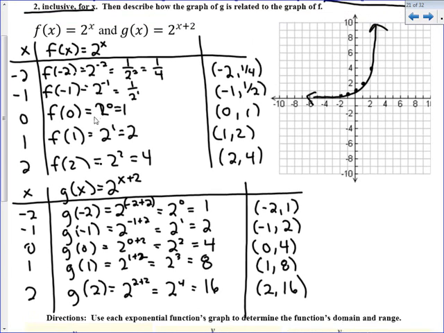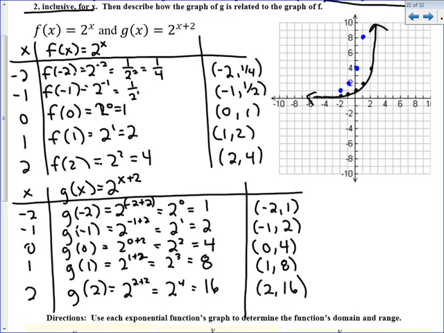So I'm going to go ahead and use a different color. Plot them on the same graph. So negative 2, 1. No fractions is nice. Negative 1, 2, 0, 4, 1, 8, 2, 16 would just be up a little bit further. Question though, what value is this graph approaching for my range?